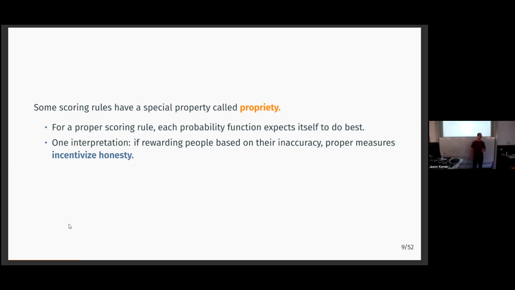In this case, lower scores are better. So the expected value P assigns to itself is always, let's say for a merely proper rule, it doesn't assign any other alternative probability function a strictly lower score. And a strictly proper scoring rule is one that uniquely assigns itself the lowest expected score of all probability functions.